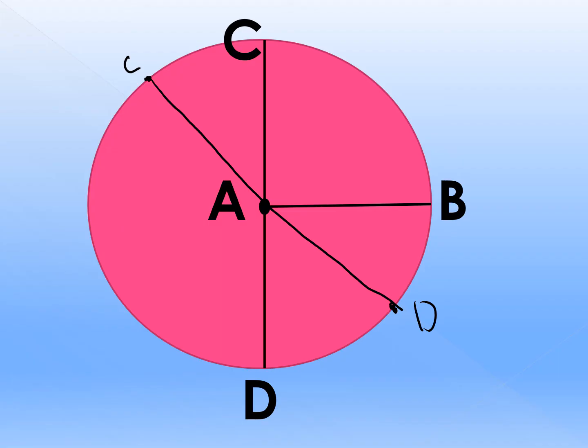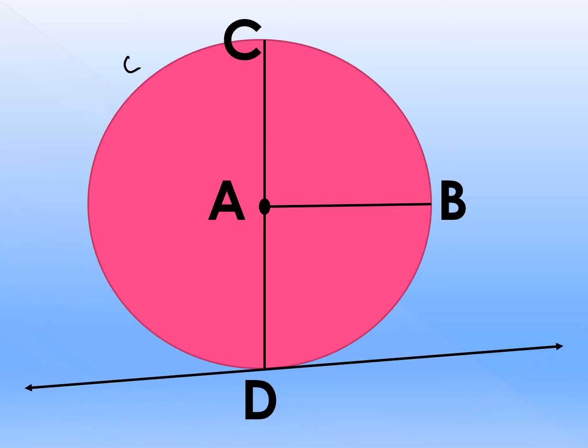Okay? So now for the fifth instruction: draw a tangent line with the point of tangency at point B. So since this is point B, you're going to draw a tangent line intersecting this point B. Just always remember, a tangent line is a line that intersects the circle only on the circle, not inside the circle.